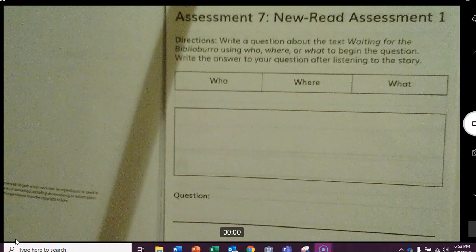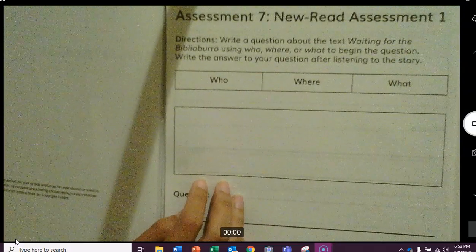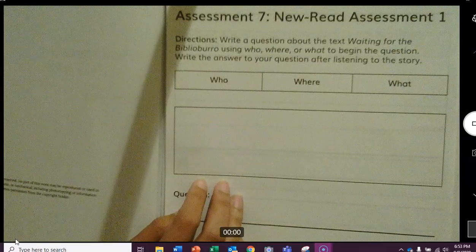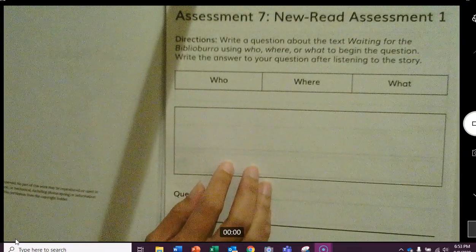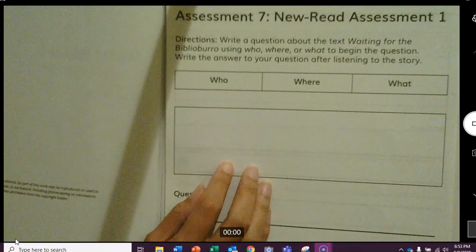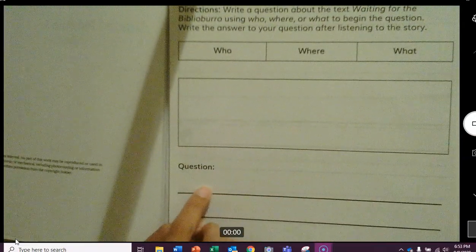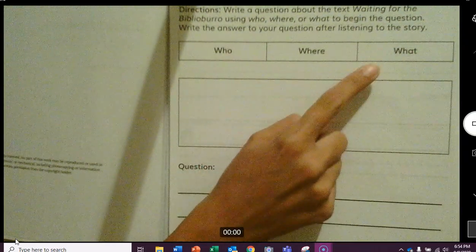You can create your question by thinking, I wonder where the Biblioburro was going. What story was Ana telling her little brother? Those are some questions that I generated for my new read assessment. What are some questions you can generate? Remember, we're going to write our question here using who, where, or what.